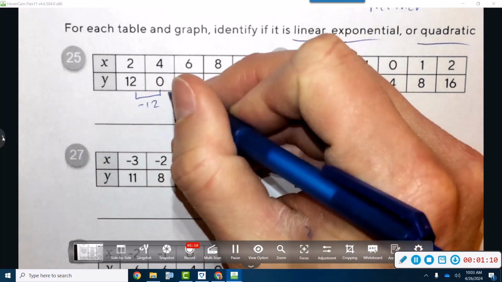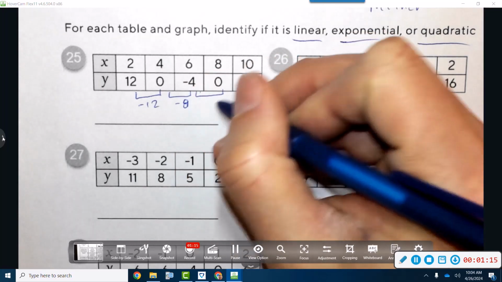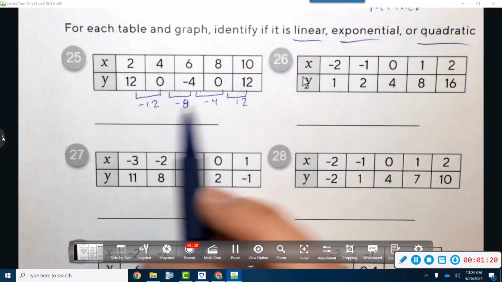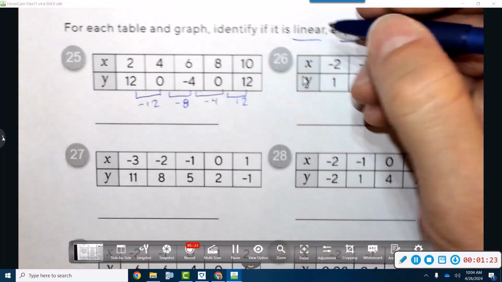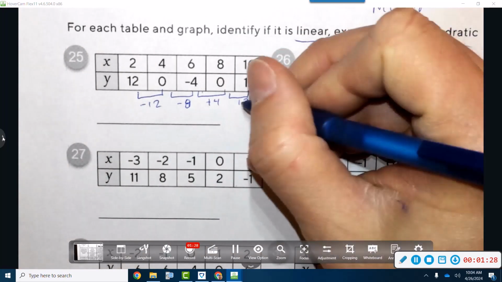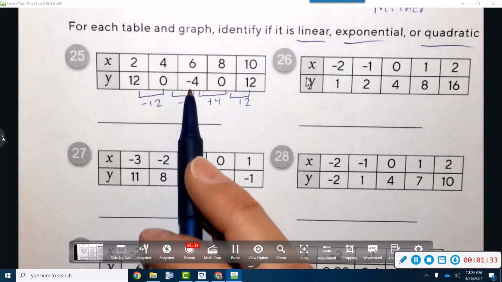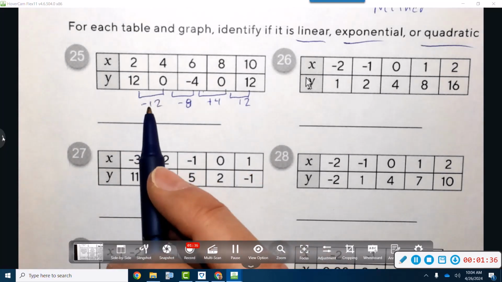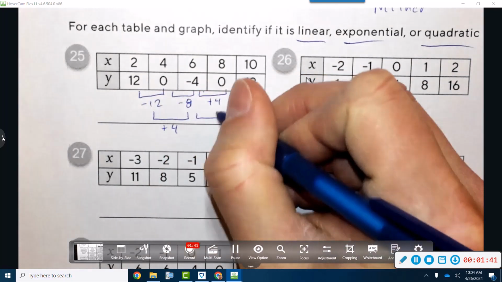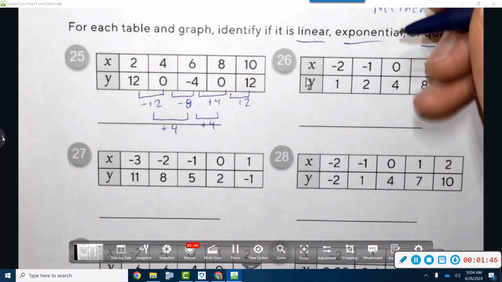We're going down 12. This guy's down 4. This guy, no, he went down 8. This guy's down 4. This guy's up 12. So let's see what happened. No, up 4. There we go. He went up 4. That is tricky. So you're going negative to positive, so you went to the right 4. So if you look at this, you actually added 4 every time, except, no, okay, my bad.